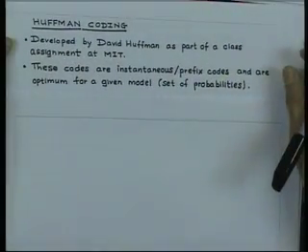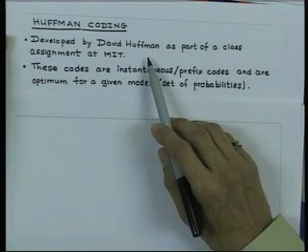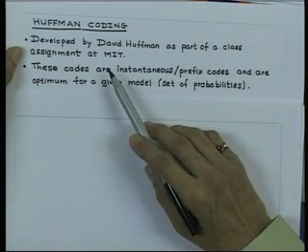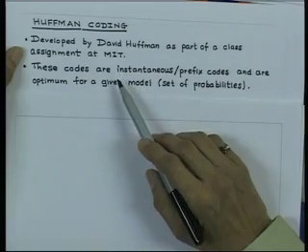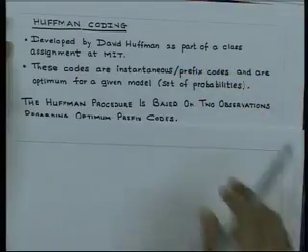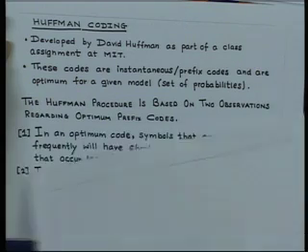Huffman coding was developed by David Huffman, who was a student of Fano, as part of a class assignment at MIT. These codes are instantaneous or prefix codes and are optimum for a given model, that is the set of probabilities. The Huffman procedure is based on 2 observations regarding optimum prefix codes.